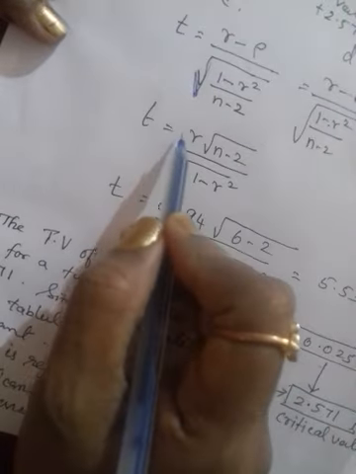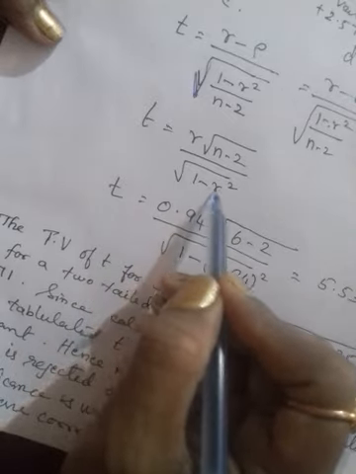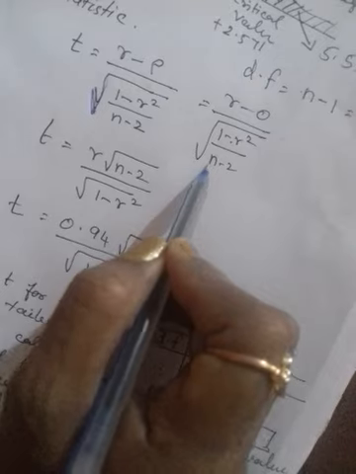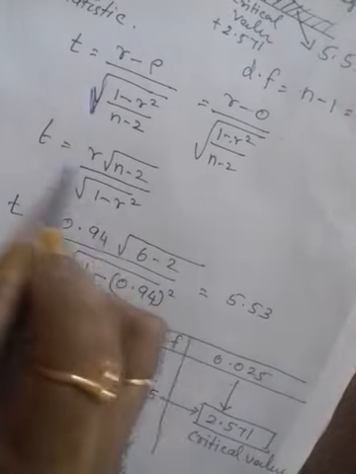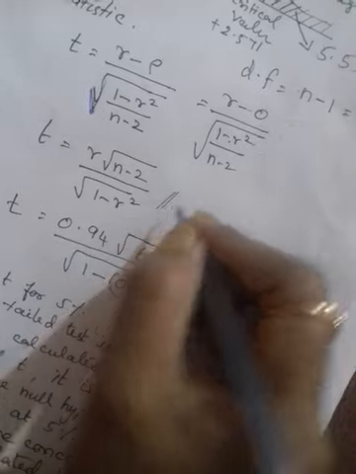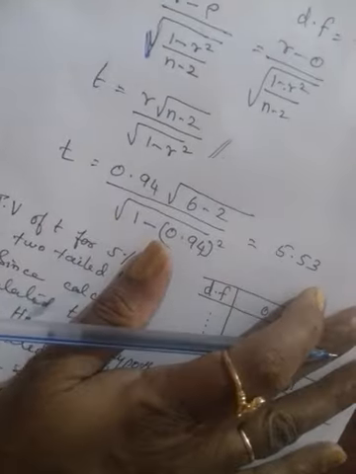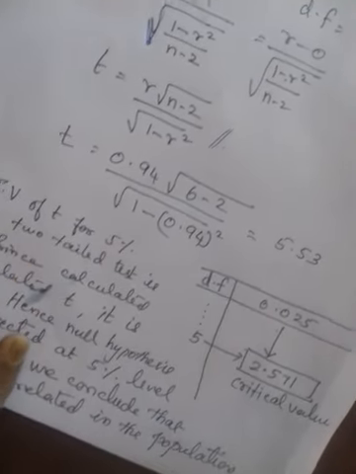Substituting rho equal to 0, after simplification you will get t equals r times root of n minus 2, divided by root of 1 minus r squared. Otherwise you can directly use this formula if you set rho equal to 0, because the population is large.